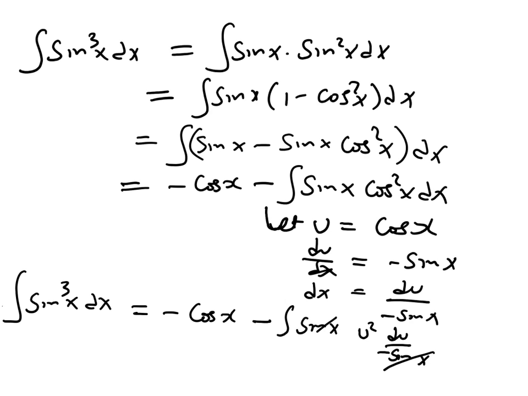So this cancels out, and then you end up with minus cosine of x minus the integral of u squared du. So you go ahead and integrate u squared, you get u cubed over 3, then plus a constant of integration. So let's do that.